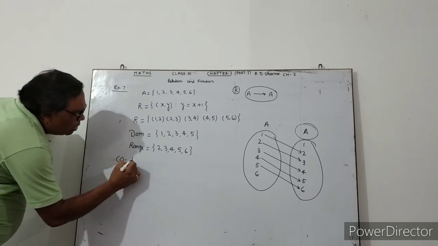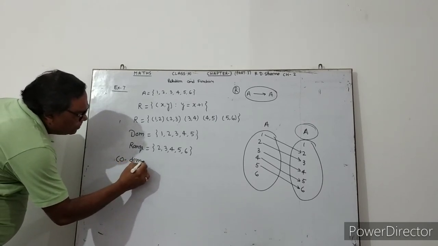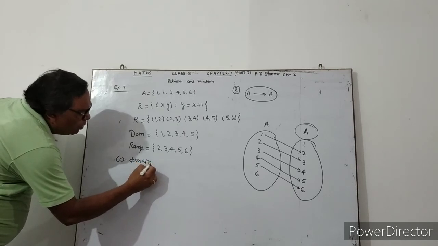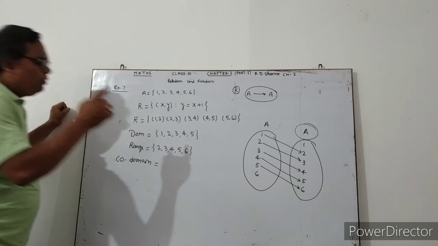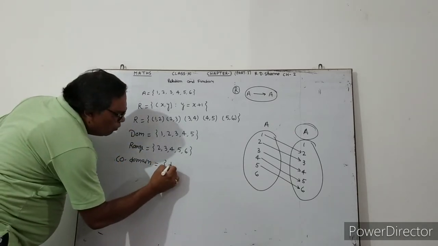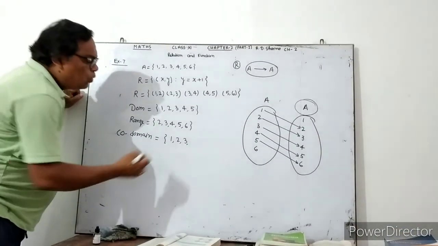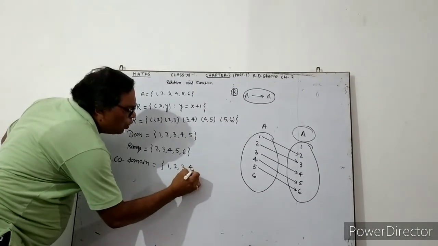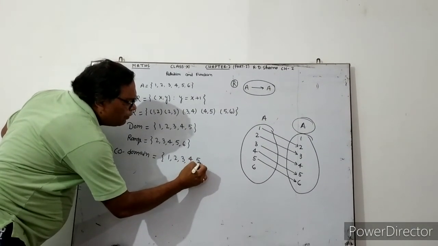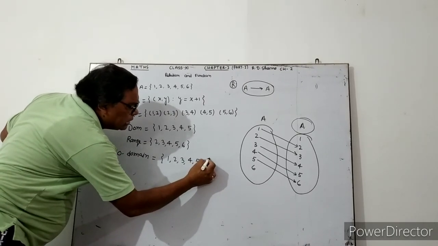The codomain is set A, which is 1, 2, 3, 4, 5, and 6.